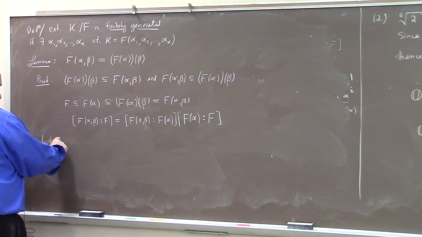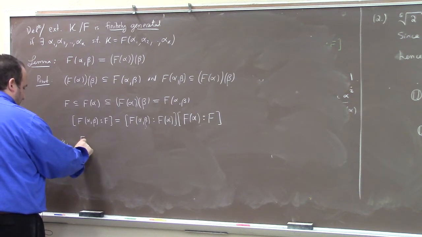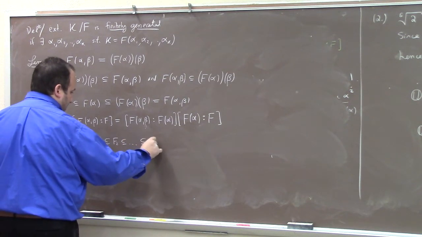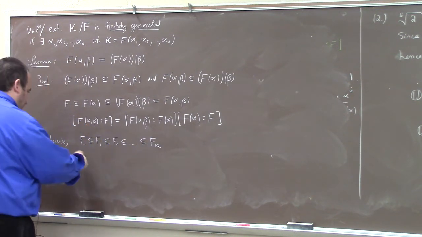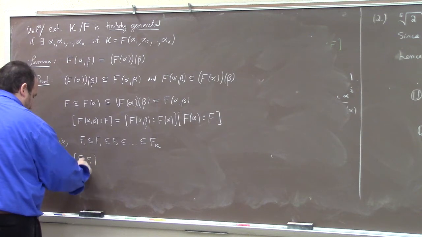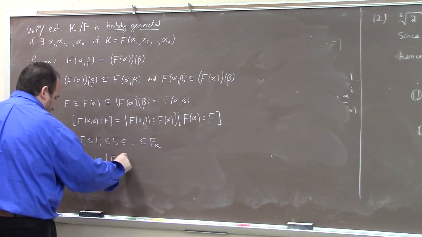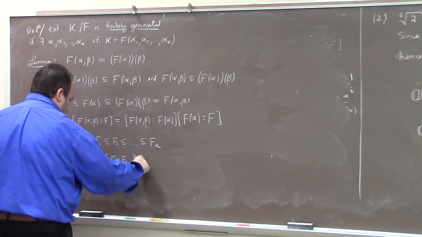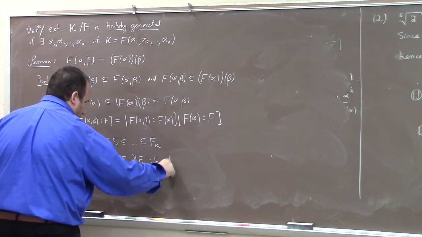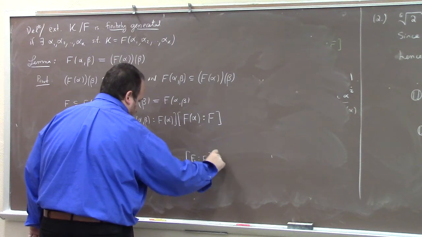And with similar calculations, if you have a chain of fields, F0 a subset of F1, a subset of F2, a subset of Fk, then the degree of Fk over F0 is equal to the degree of Fk over Fk minus 1 times the degree of Fk minus 1 over Fk minus 2, until finally you get down to the degree of F2 over F1 times the degree of F1 over F0.